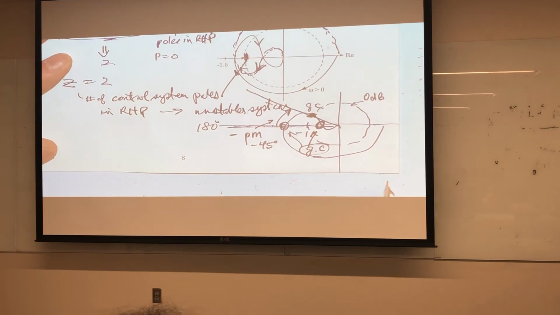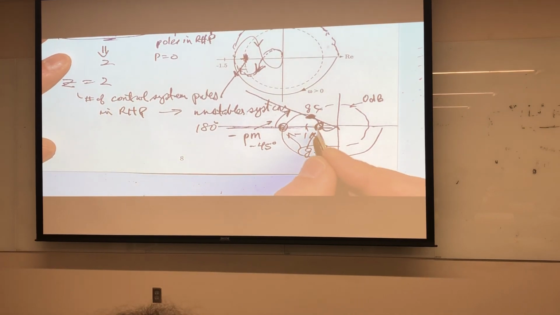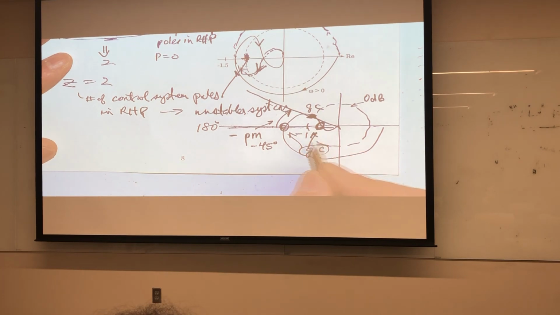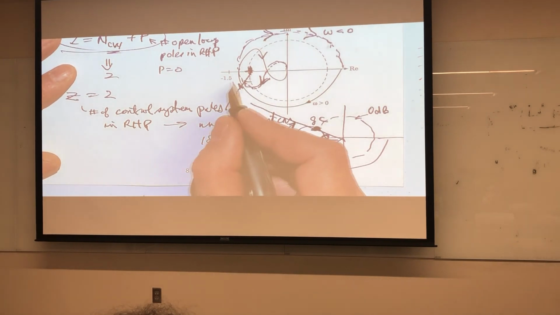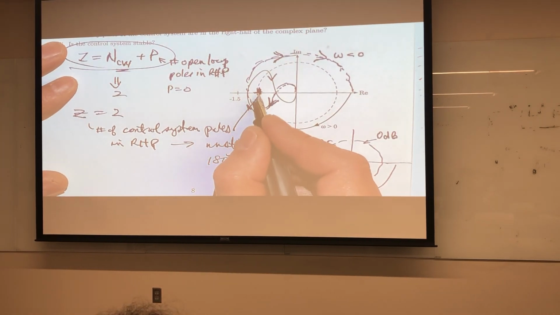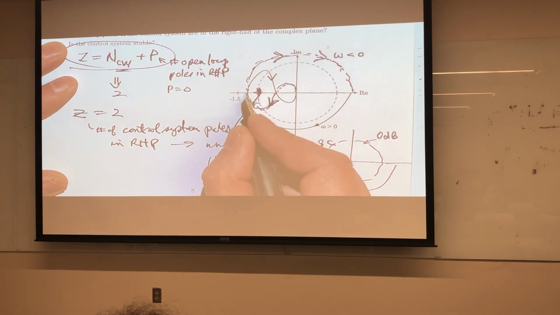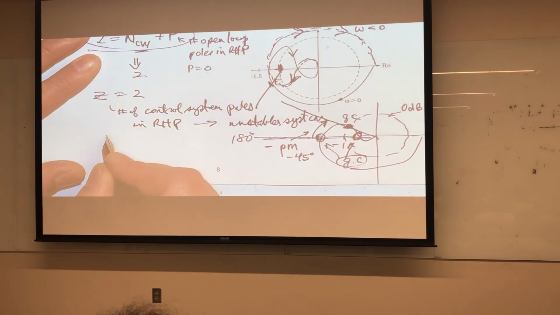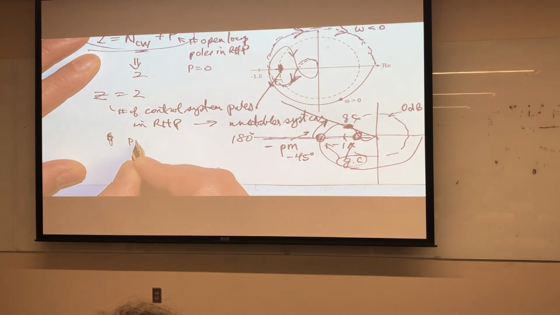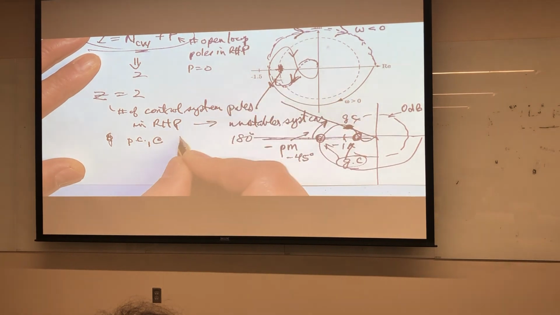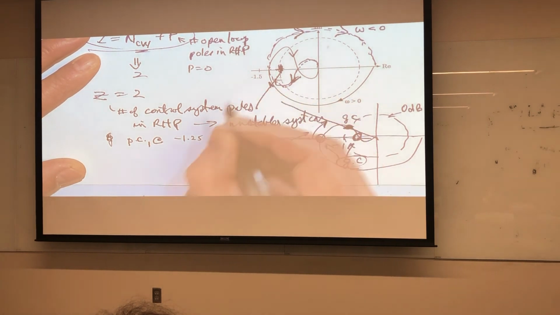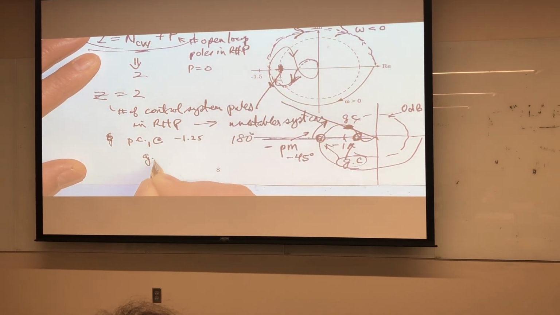The margin in this case is going to be 1 over the number. Let's take this number as an example on this scale. Here was 1, here's 1.5, so this is 1.25. The first phase crossover is at negative 1.25, and so the gain margin, I would write, is 1 over 1.25, 1 over the magnitude.